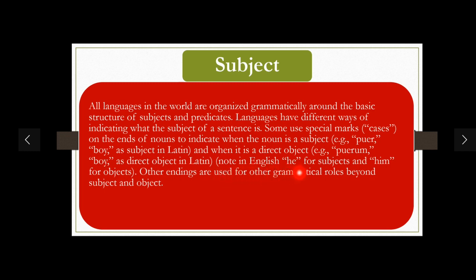Note in English, he for subject and him for object. So in English we have he as a subject case and him as an object case. But in Latin, we have puer as a subject case and puerum as an object case.